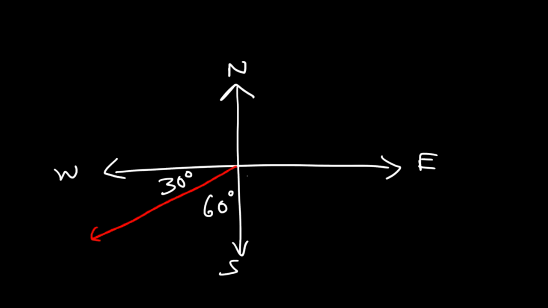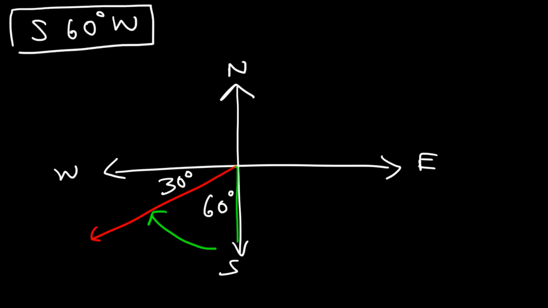So relative to the south line, we need to travel 60 degrees west to get to the red direction vector. So it's going to be south 60 degrees west. That's the answer. So the first letter should be north or south. And then the second letter should either be east or west. And if you keep that in mind, there's no reason why you should get this wrong.